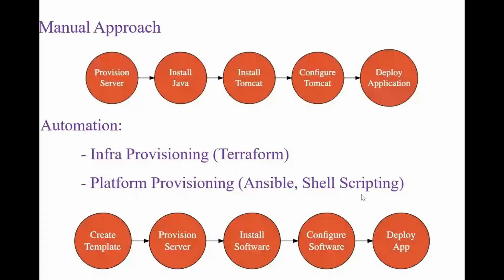As a DevOps engineer, we are a developer, but we are not going to write the functionality of the application. We are going to write the code to provision the servers, set up the platforms, or deliver the applications.